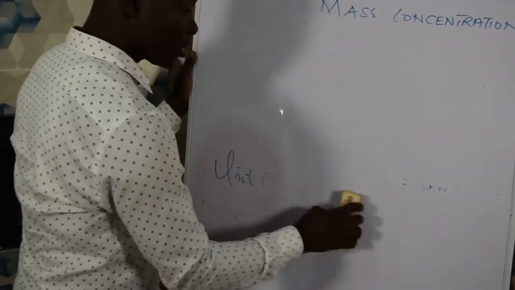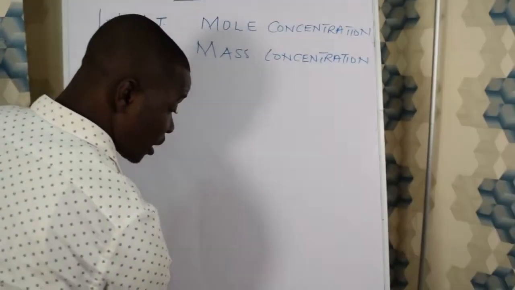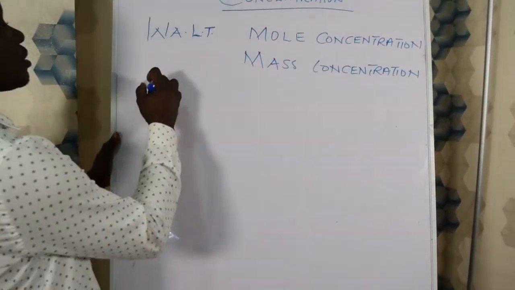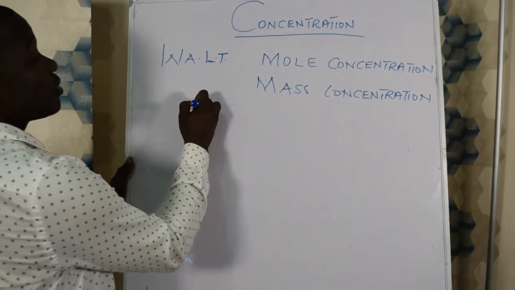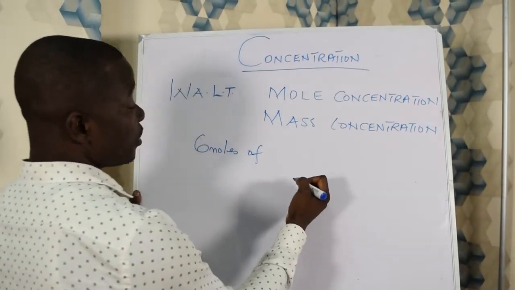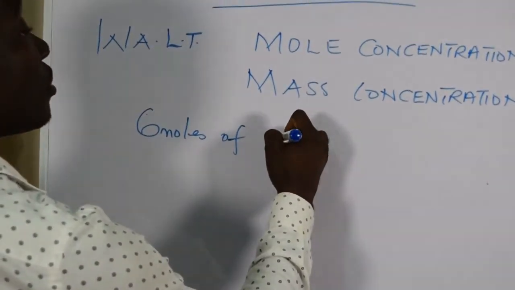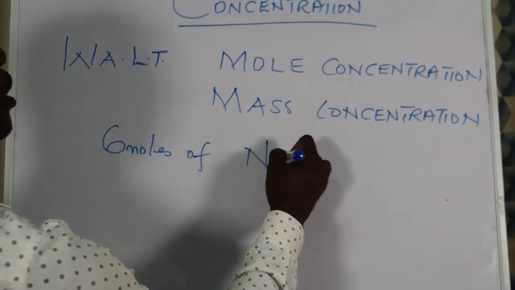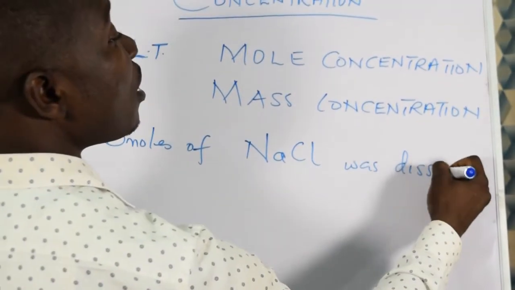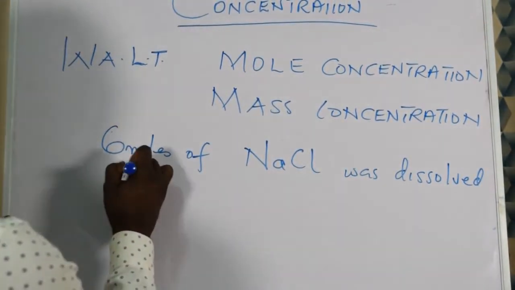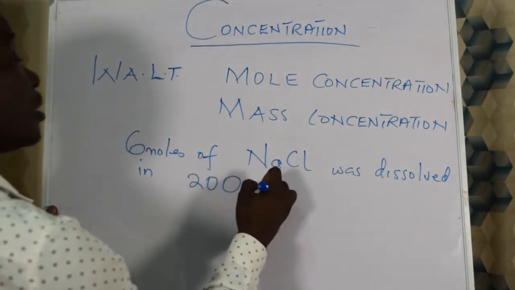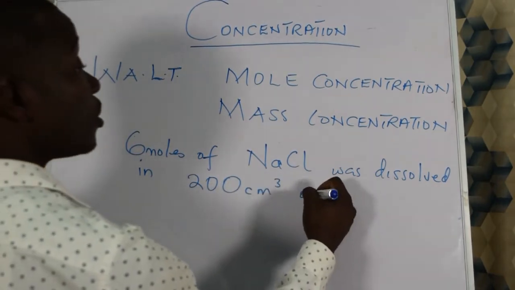You go to buy a drink from the market and you have 6 moles of sodium chloride dissolved in 200 centimeter cube of water.